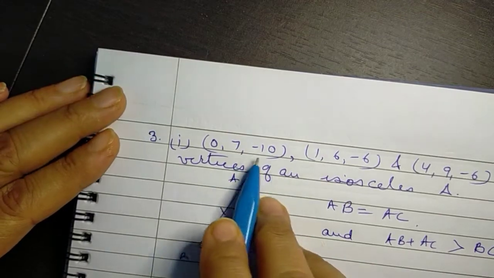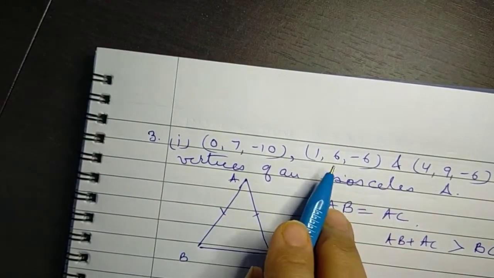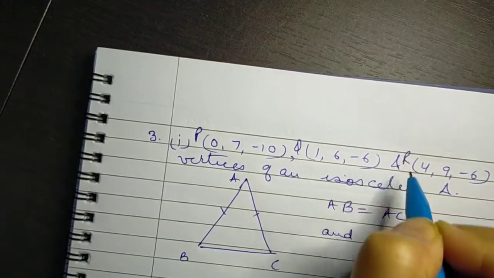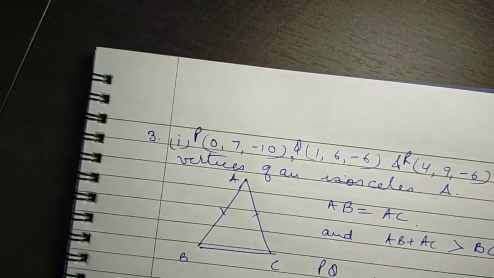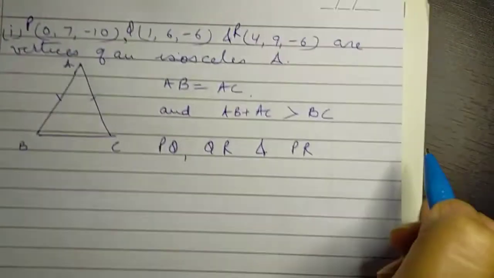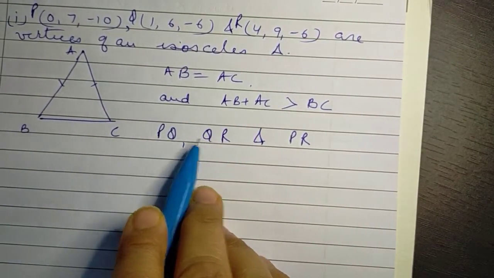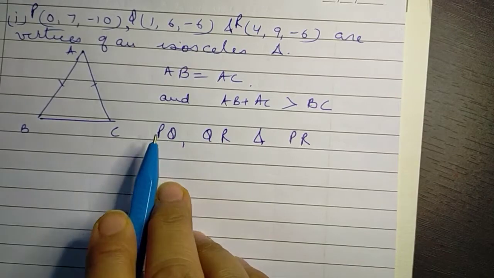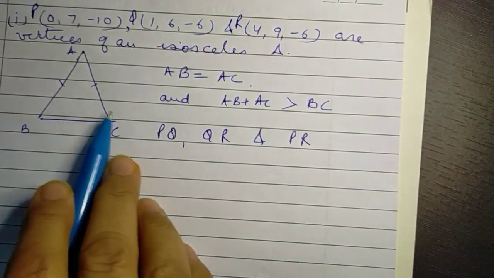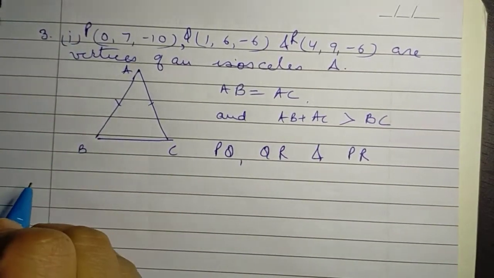So we will check for all 3 points. Let's call them P, Q and R. We'll find PQ, QR and PR, and then we'll see if any two are equal and the sum of those two is greater than the third one, we say that these are vertices of an isosceles triangle.